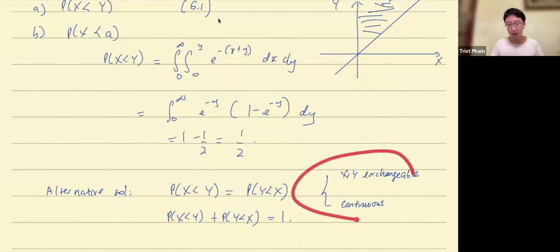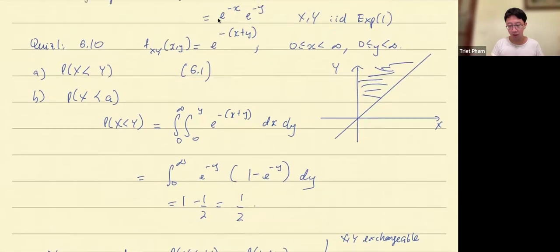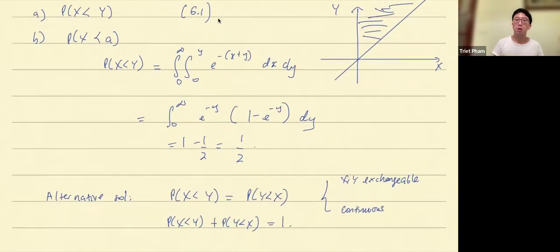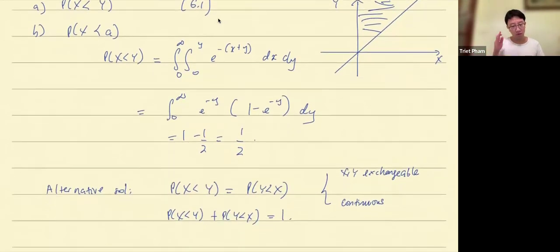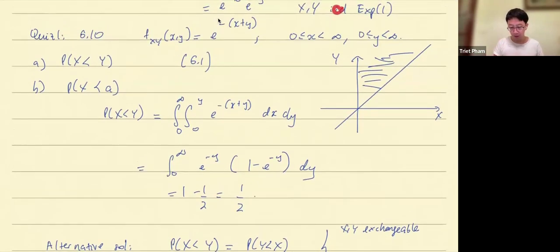As I said, this result is more general than just exponential. You just need IID, continuous random variables. But the independence part plays a big role. And if you don't observe that, then you just do it the good old-fashioned way.